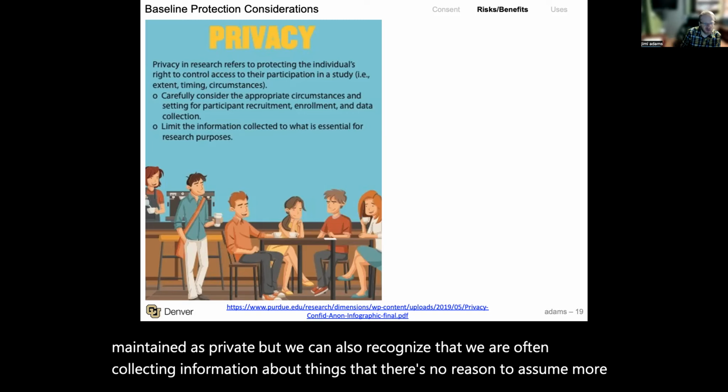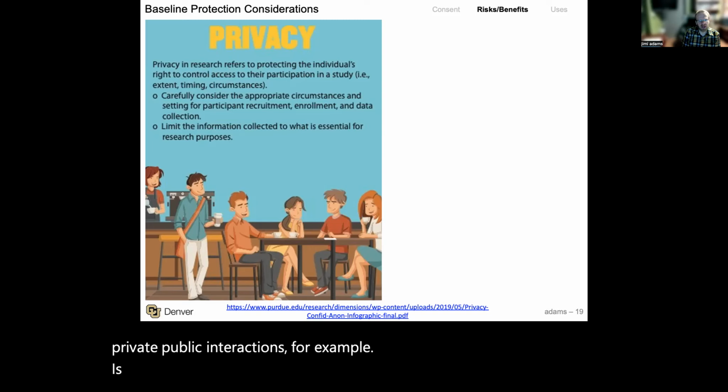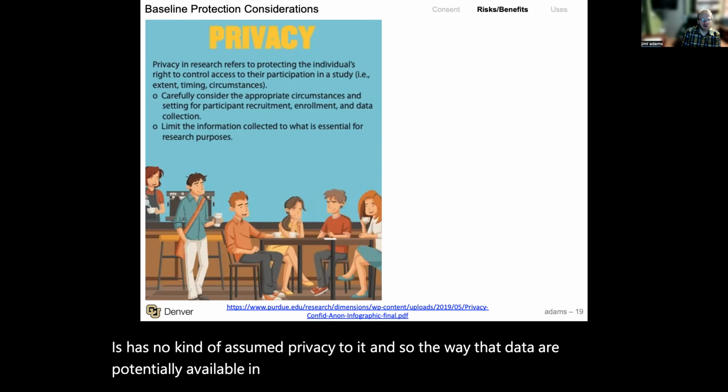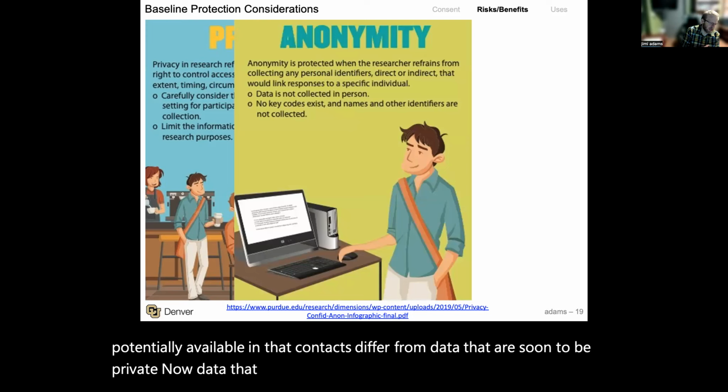Public interactions, for example, have no assumed privacy to them. And so the way that data are potentially available in that context differ from data that are assumed to be private.